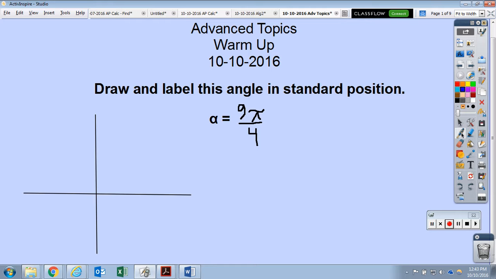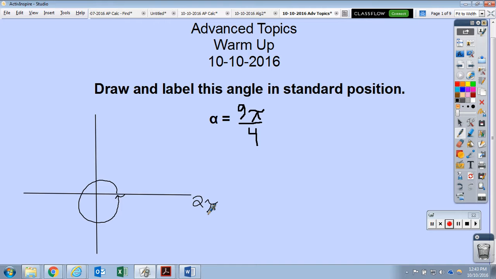What is the central angle measure of an angle that goes 1 full revolution all the way around in a full circle? 360 degrees, but in radians, what is it? 2 pi. Good. Very good. So 2 pi radians. If we go all the way around, you would end up at 2 pi radians. The terminal side would have an angle measure of 2 pi radians.